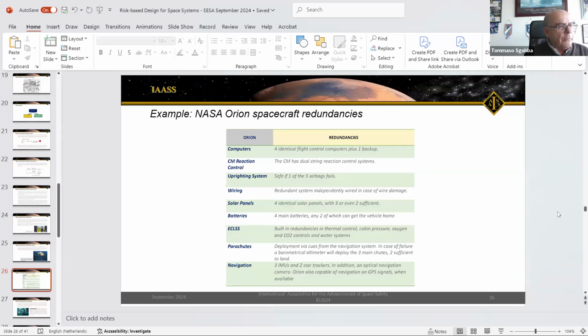And the purpose of this table is to show that there are various numbers of redundancy per system, which is very much driven by the nature of the system. For example, the computers on Orion, there are 5 computers, but these 5 computers, 4 identical software and 1 backup with different software, are meant just to reach what we call 2-fault tolerance.